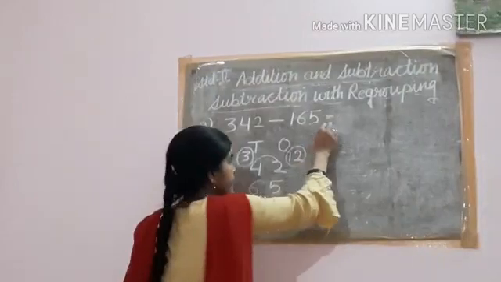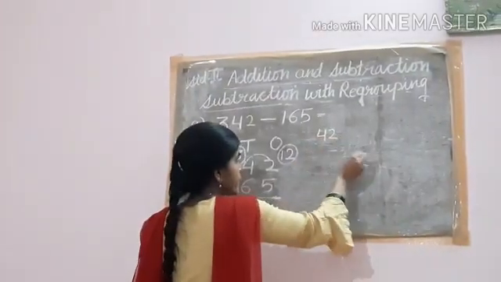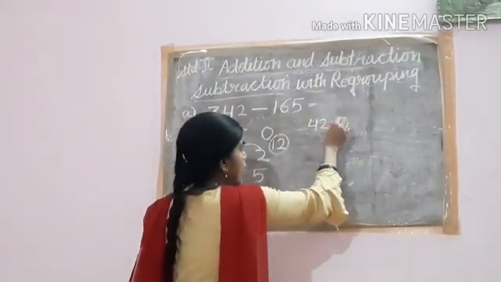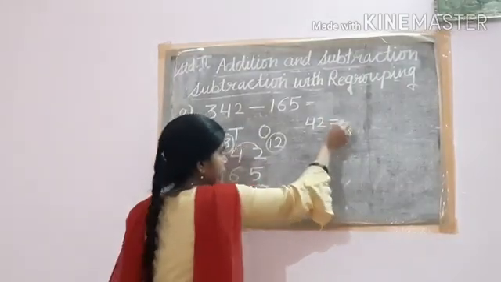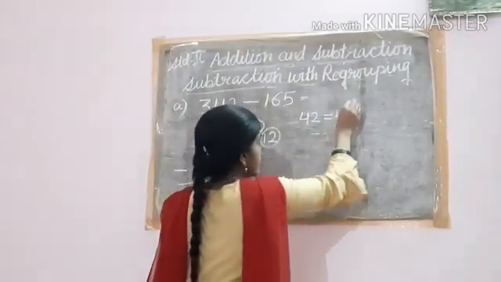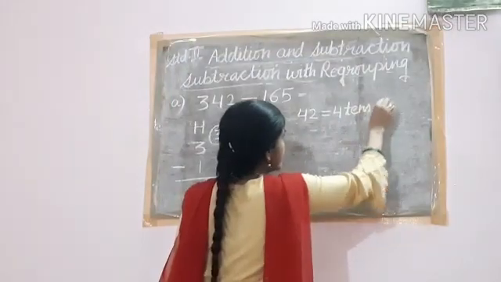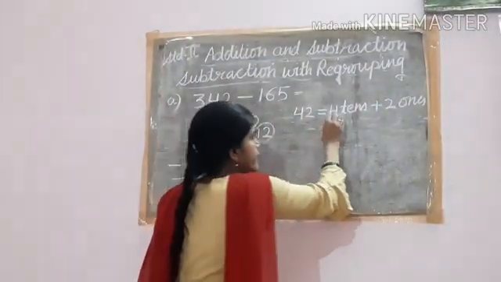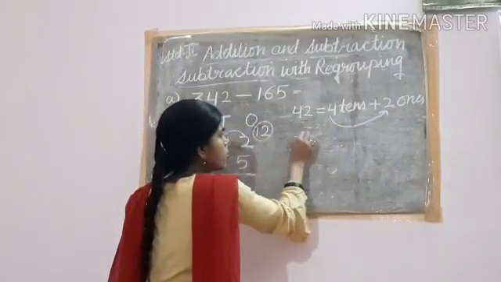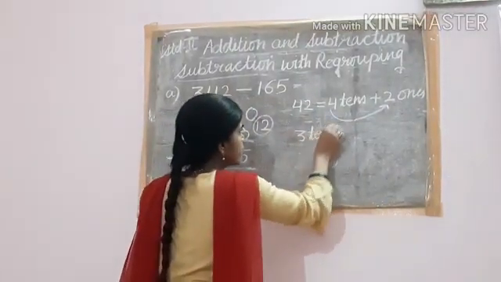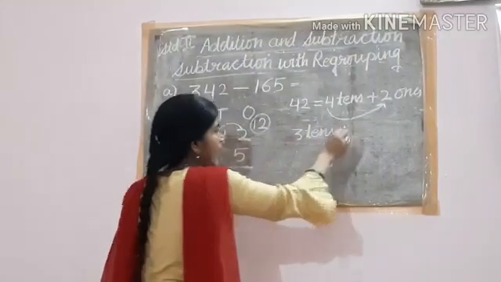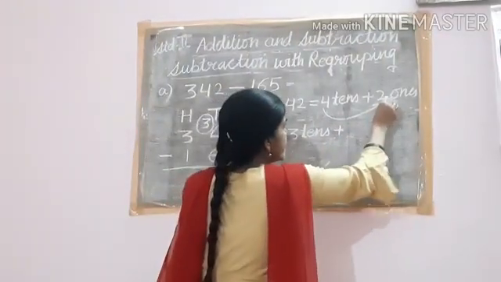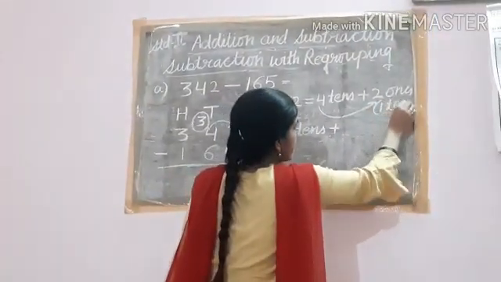Like 42. How to regroup it? This number is 4 tens and 2 ones. If 1 ten is given to the ones, then here is only 3 tens. 4 tens minus 1 ten, 3 tens. And here 1 ten is added.